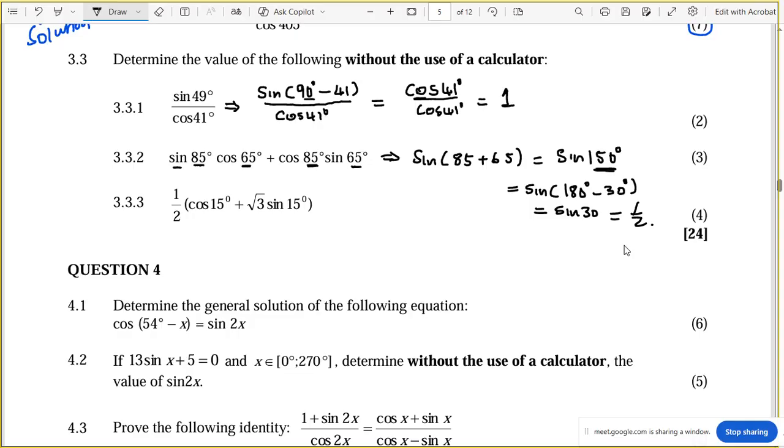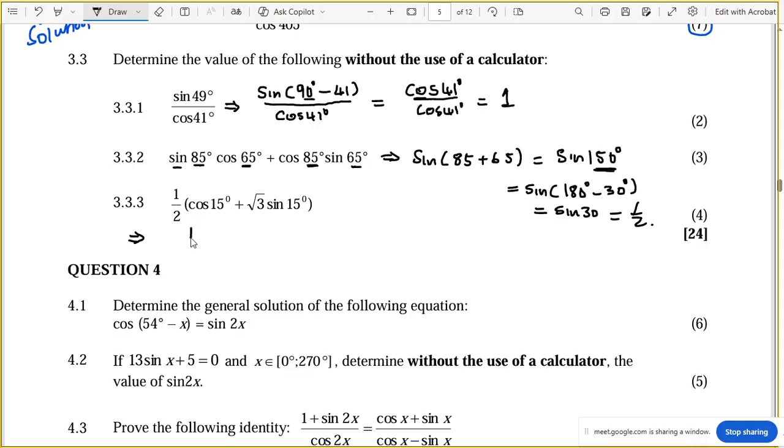When I look at this one, the next one, the last one. So this one, there are many ways that you can work on the problem, but let me try to choose the best way. Can we please first multiply out the bracket by 1/2 and see what we get?